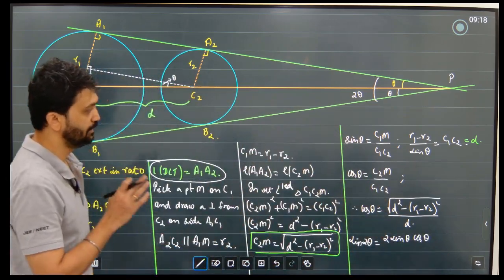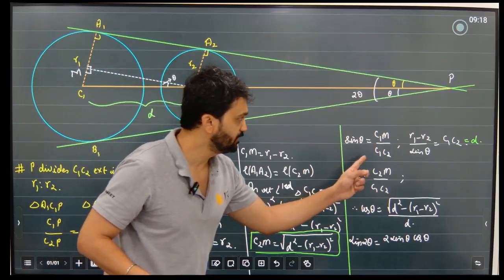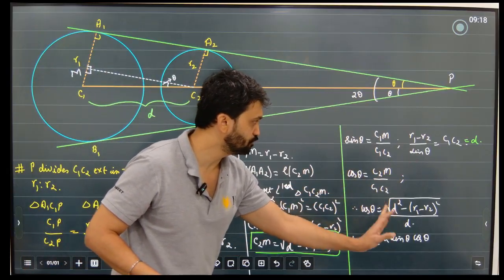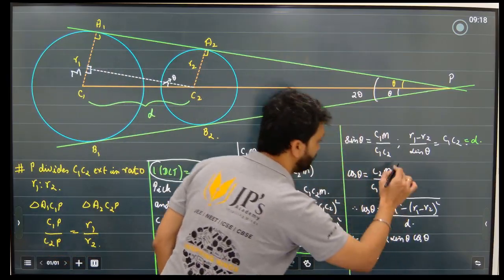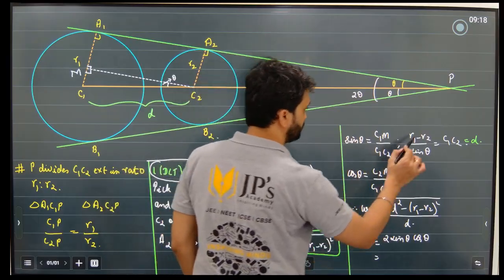And finally, when I find sin 2 theta, it is 2 sin theta cos theta. All I have to do is substitute the value of sin theta and the value of cos theta.